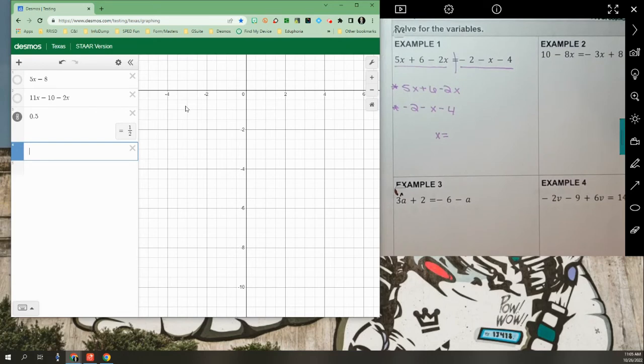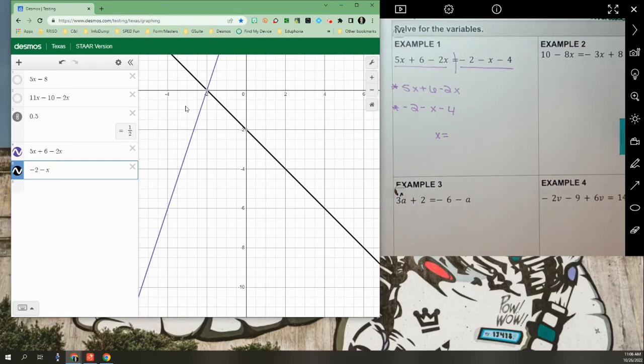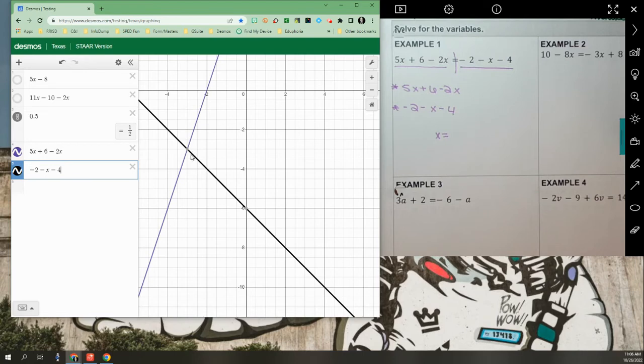And now we have 5x plus 6 minus 2x, enter, -2 minus x minus 4. Okay? You'll notice that some of these lines are now darker colors. If you want them back to different colors, or it's hard for you to tell which line is which or where it crosses, you can always change the color by clicking and holding and then pick a different color. I'm going to pick green and orange.